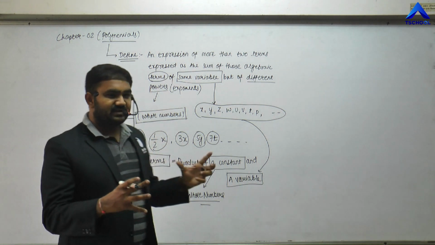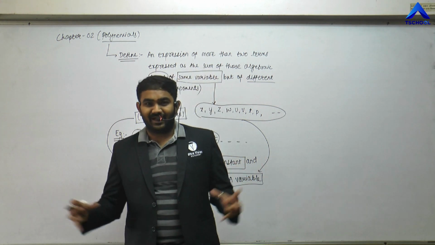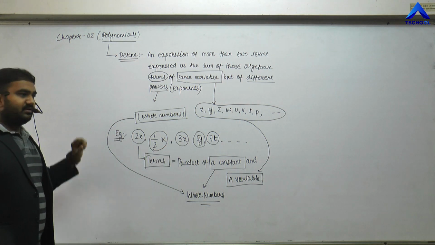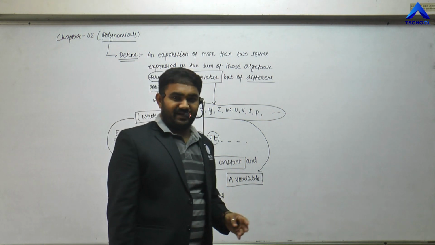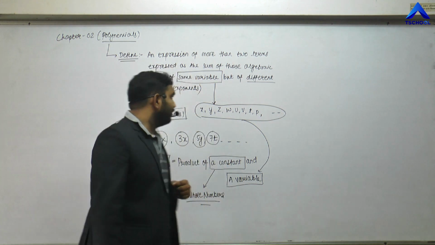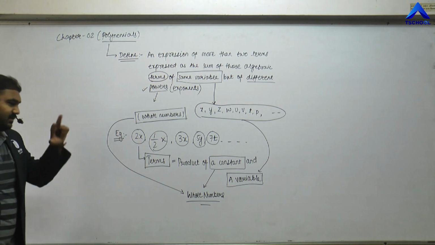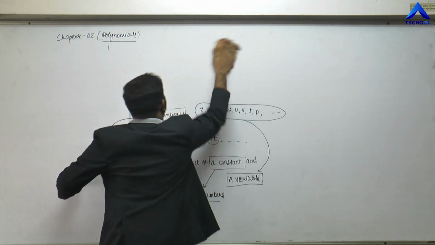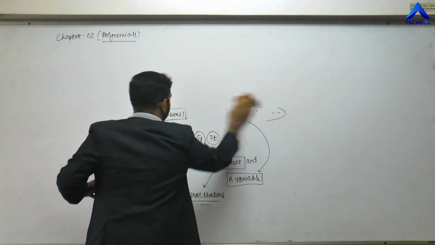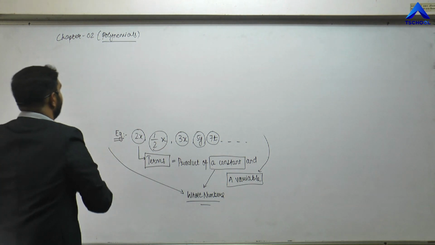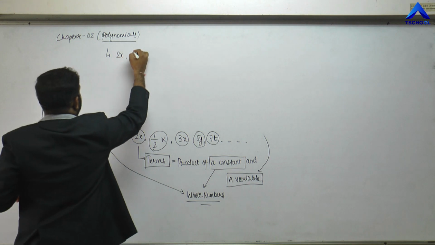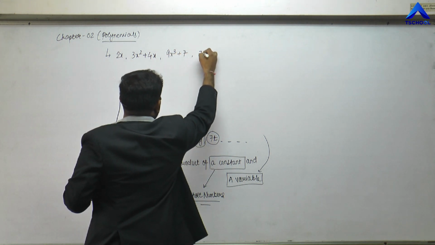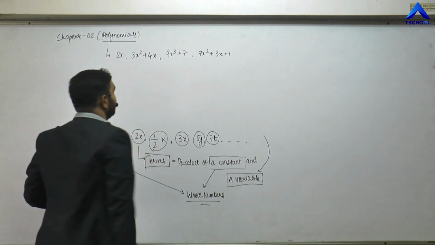Now whenever these kind of terms are added, 2x, 3x, 5, these all are terms, but the condition being of different powers, let me say for example, if I write down some of the terms here: 2x, 3x square plus 4x, 9x cube plus 7, 7x square plus 3x plus 1 and so on.